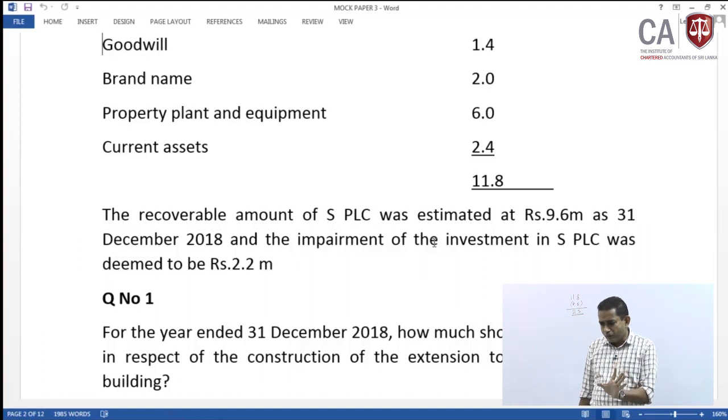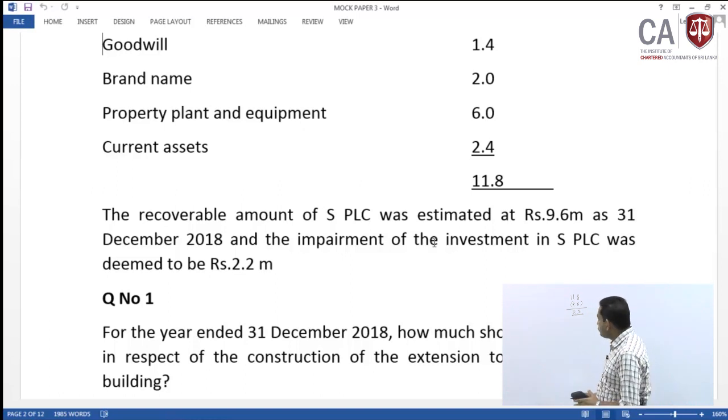So, those assets are not here, and of this 2.2 million, the allocation of impairment losses to individual assets has to commence with the goodwill. That is the most sensitive asset in the CGU, which is considered to be first impaired ahead of all the other assets.